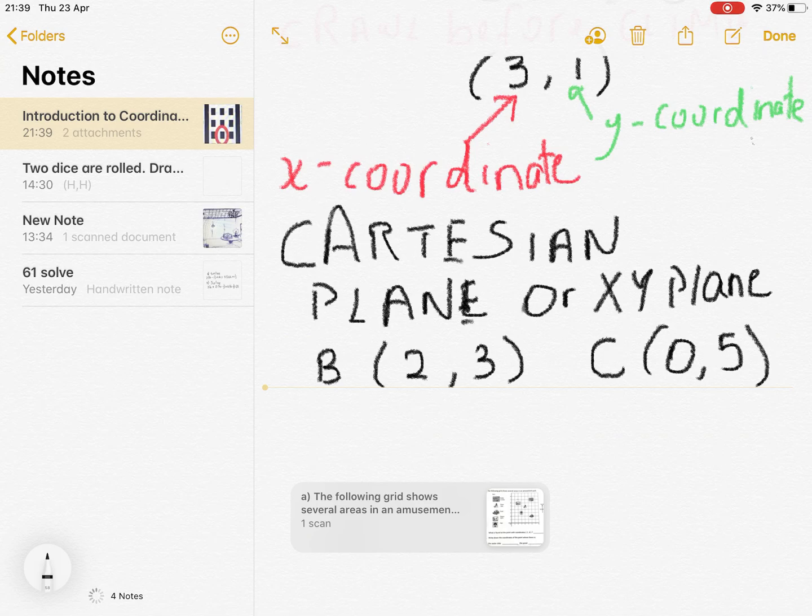And 5 refers to the vertical movement because we climbed up 5 units.